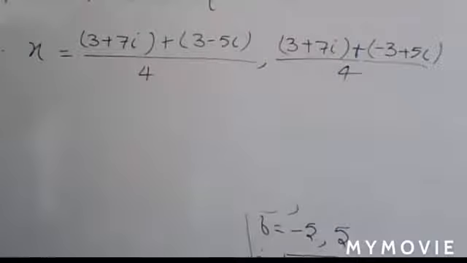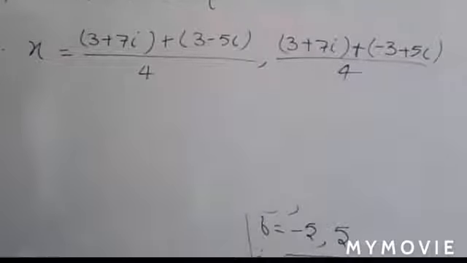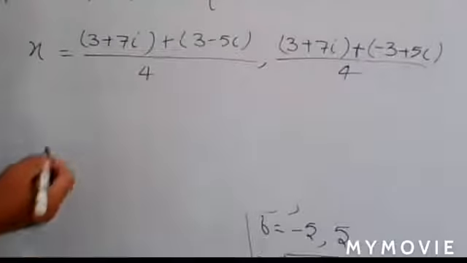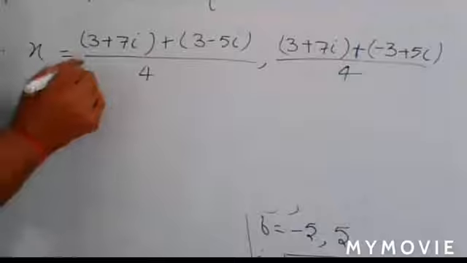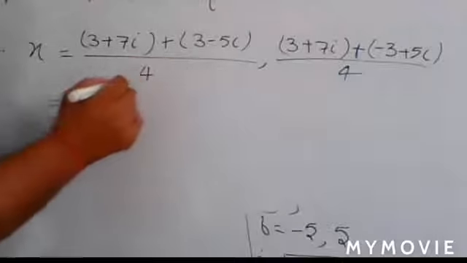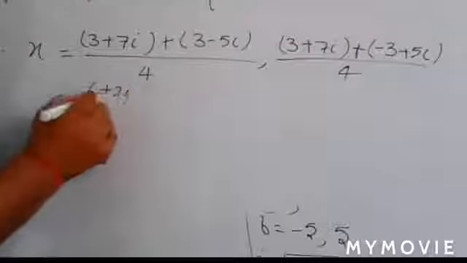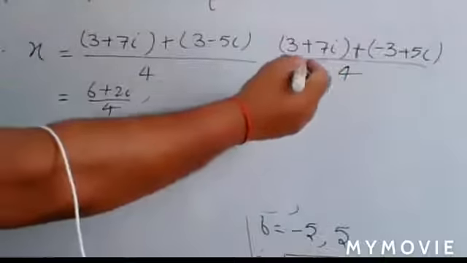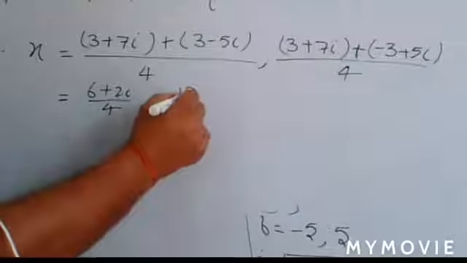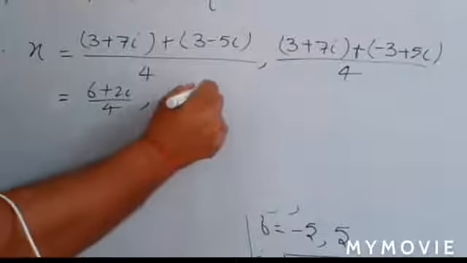Solve it. Okay, so just check it. So what is that? Here you have 6 plus 2i divided by 4, and here 3 and 3 cancel out, and you have 12i by 4.